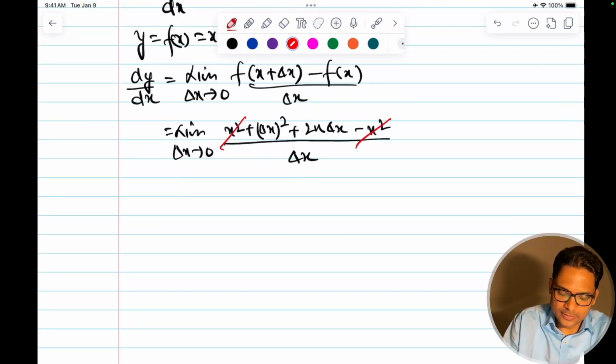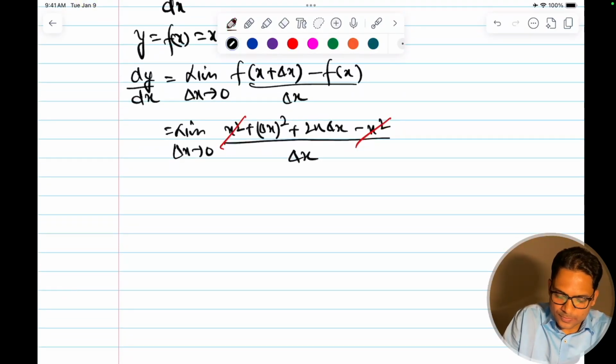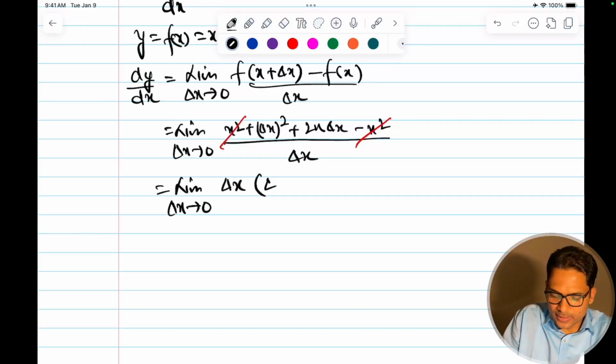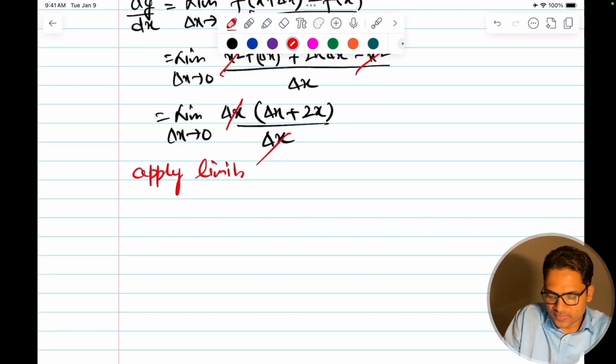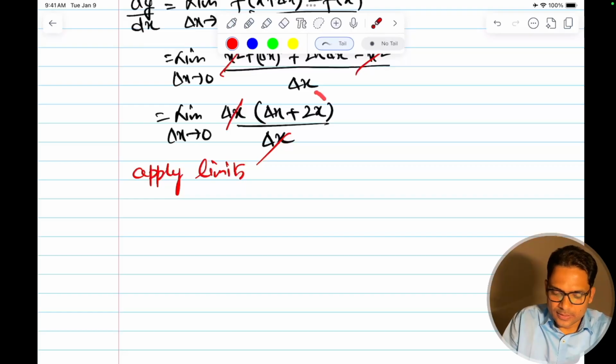Cancel this. So this is equal to limit delta x tends to 0. Take delta x common. So this will be delta x times delta x plus 2x by delta x. So again this delta x cancels off. And now apply limits. If I apply limits, this delta x will become 0.